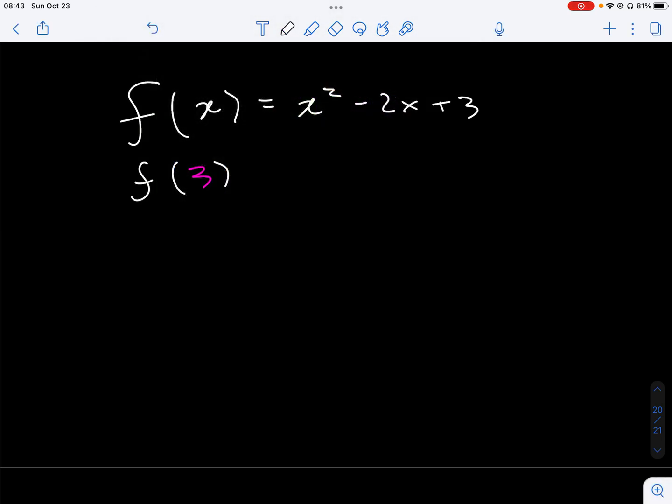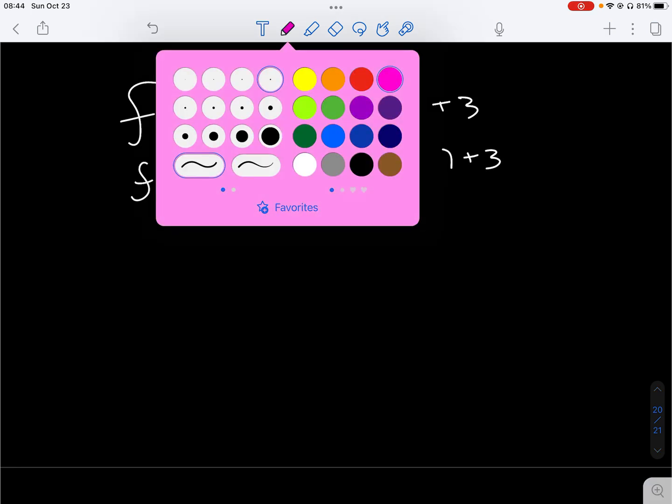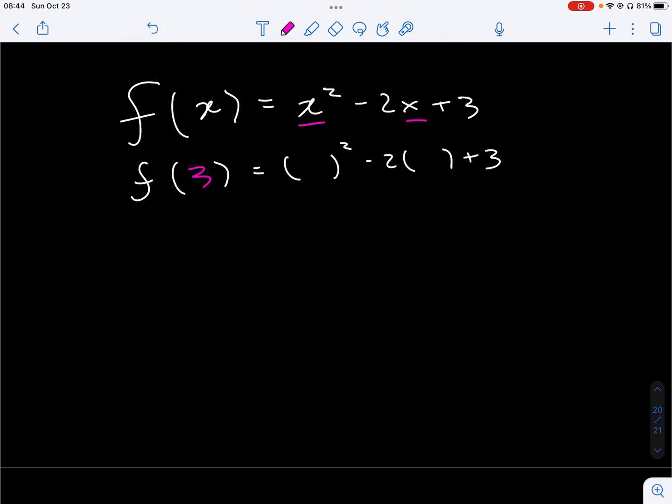Well, again, x stood for your input, and so wherever you see an x, this is a function of x, you can plug in, I'm going to use parentheses there, 3. Wherever you see x, you plug in the input, because x is the input, and here you're storing that the input is, in this case, 3.